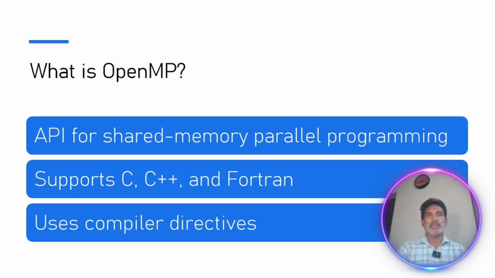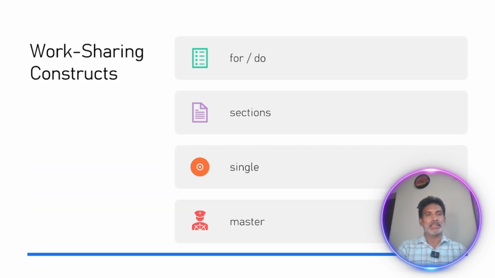So let us see what the work sharing constructs are. OpenMP provides several work sharing constructs like for, do, sections, single, and master. Let us see one by one. If you take a for loop, this for construct is used to distribute iterations of a loop among multiple threads.